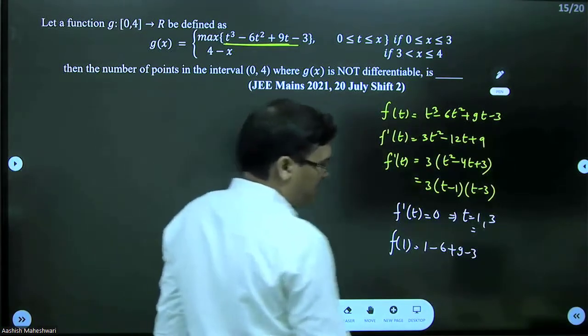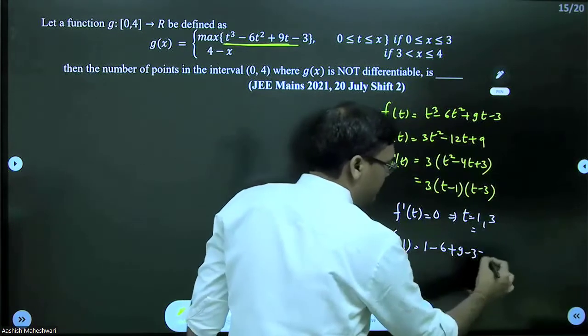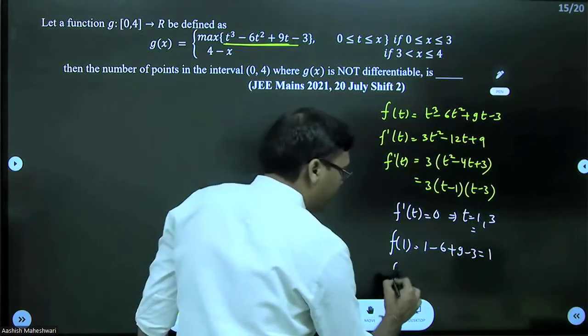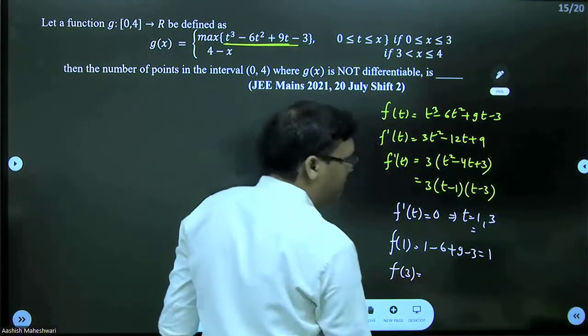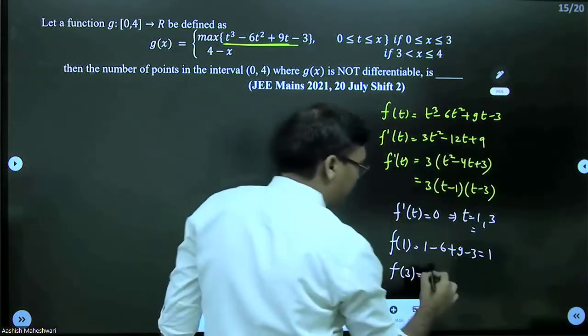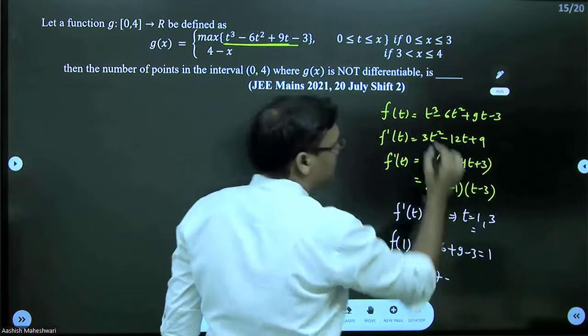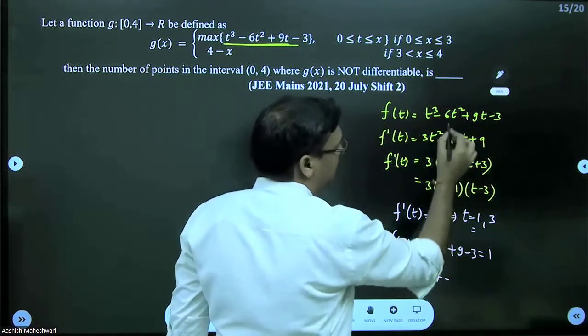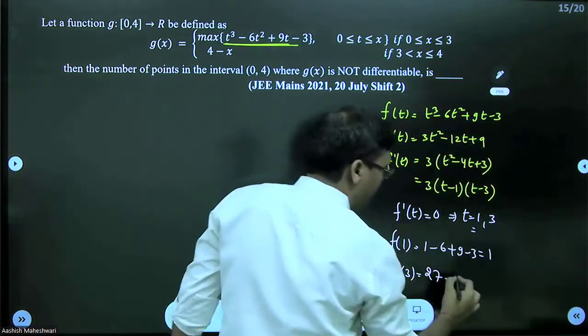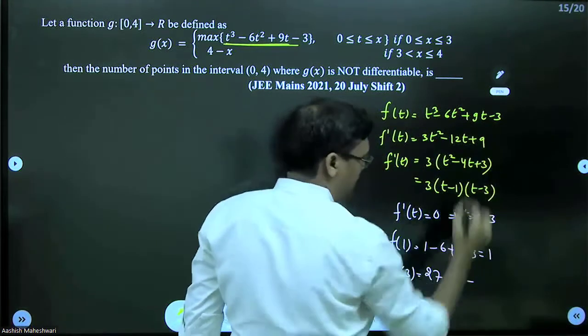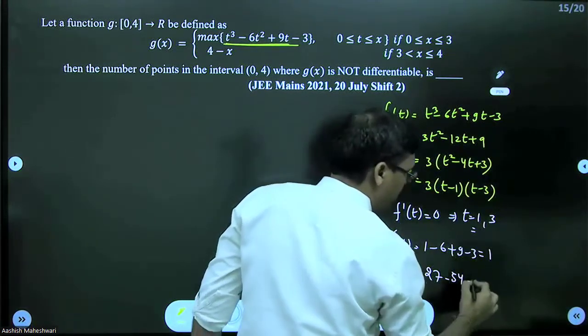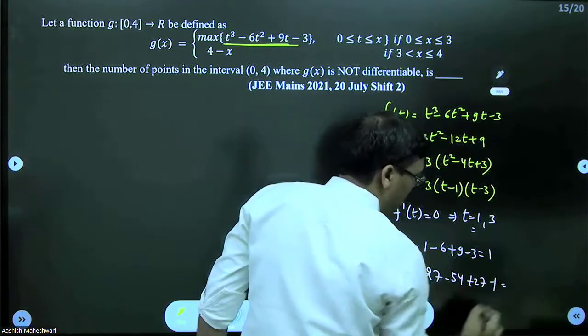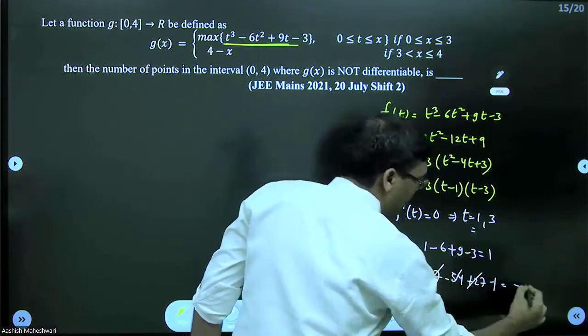This is 10 minus 9, which is equal to 1. And what is f(3)? This is 27 minus 54 plus 27 minus 3, so it is equal to minus 3... this cancels, and this is equal to minus 1.